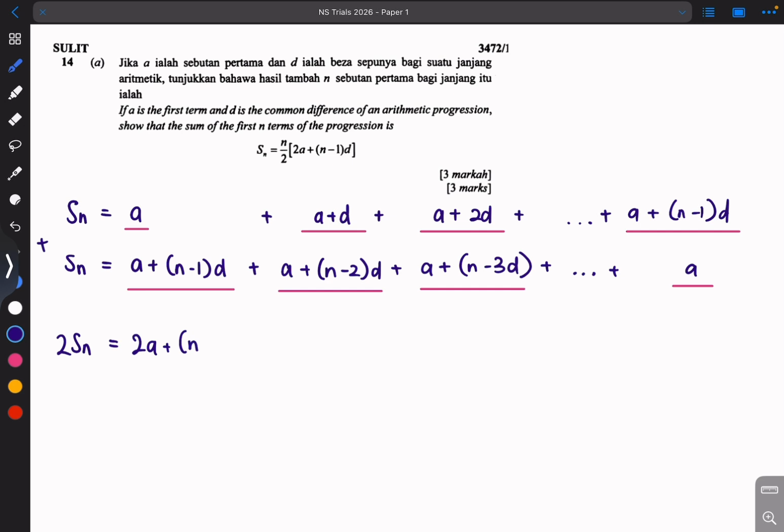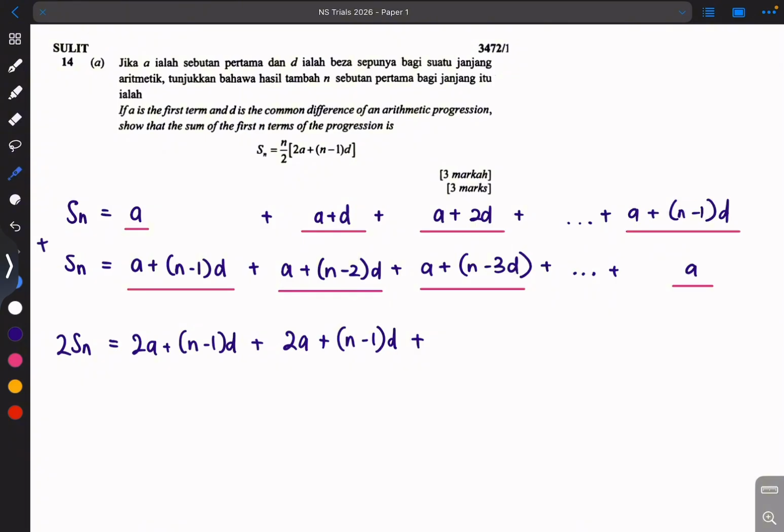So 2A plus n minus 1d. And then this plus this, A plus A is just 2A. N minus 2d plus d. So negative 2d plus d will give us negative 1d again, n minus 1d.